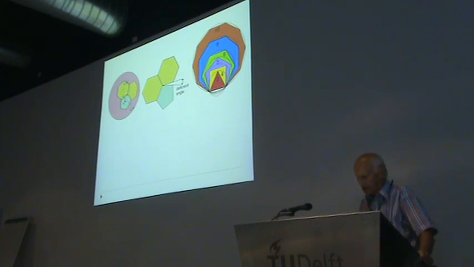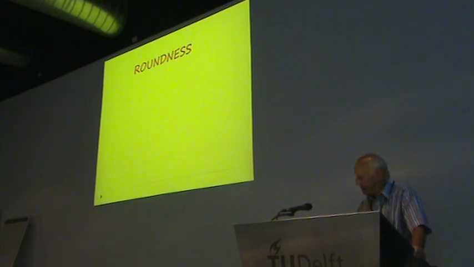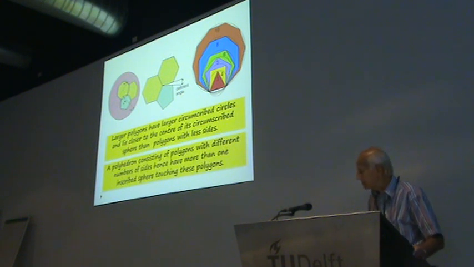There can be a great difference, and that is what we try to find a solution for. So larger polygons have larger circumscribed circles and are therefore closer to the center of the circumscribed sphere than polygons with less size. And polyhedra consisting of polygons with different numbers of sides, that's also important, have more than one inscribed sphere. That's these polygons.